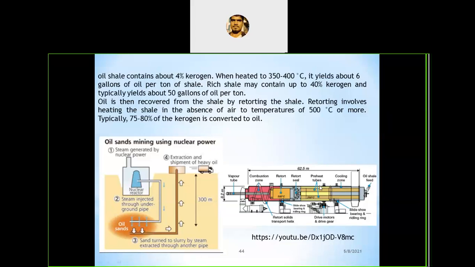Coming to the demerits of oil sands and this process: the use of oil shale causes environmental degradation. If you continuously use it, the degradation will continue. We take the materials from the earth's crust and bring them to the surface, and convert them. After conversion, there is a waste material.